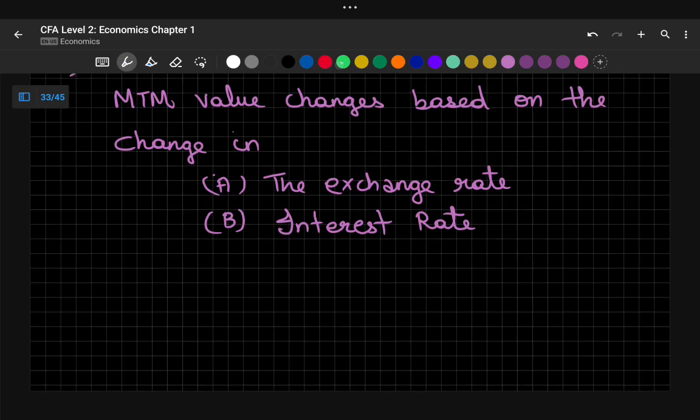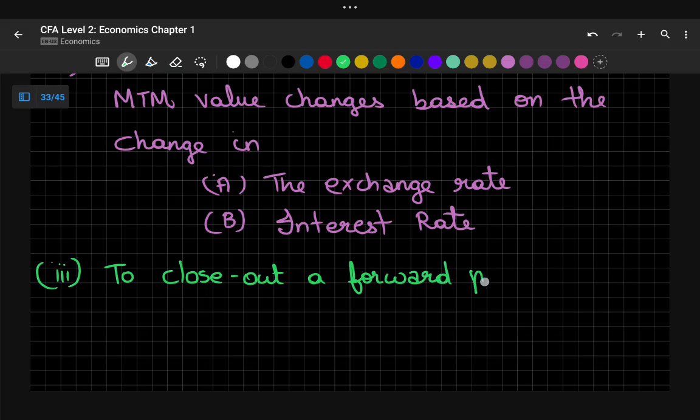Now the third point is something we would be understanding based on the example that would be explained after this point. Once we enter into a contract, when we want to close out the position, how can we close out a forward position?